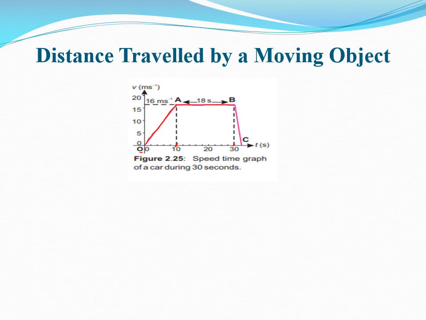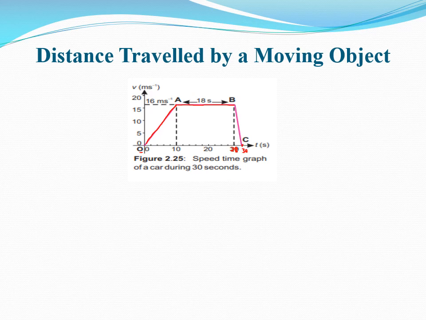So in this section AB, the speed of the body remains constant. And here note that this is 28, and this point where the journey ends is 30 seconds.